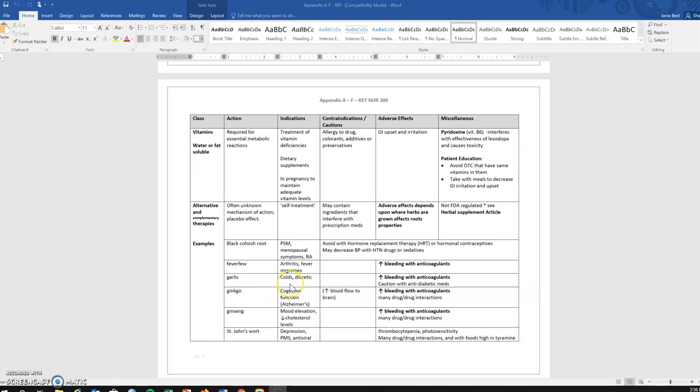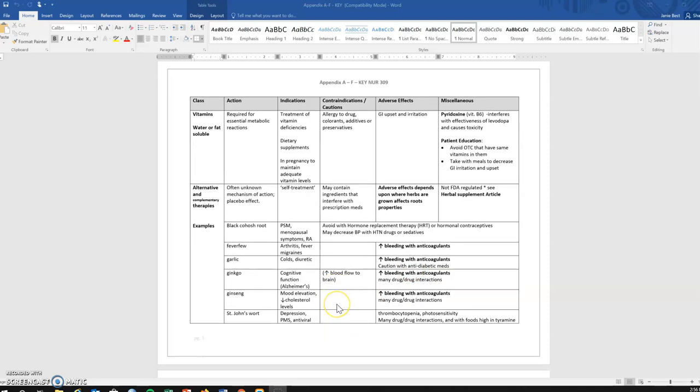Garlic can be used by some patients for colds and as a diuretic. And again, it increases bleeding with anticoagulants and needs to be used very cautiously as it will impact the blood glucose levels when combined with anti-diabetic medications.